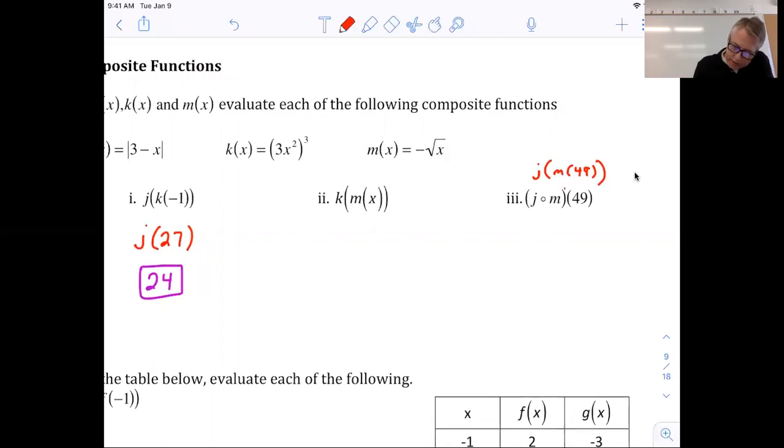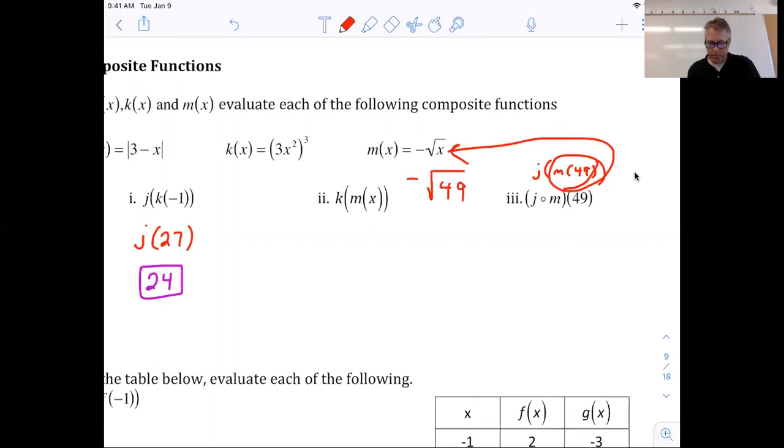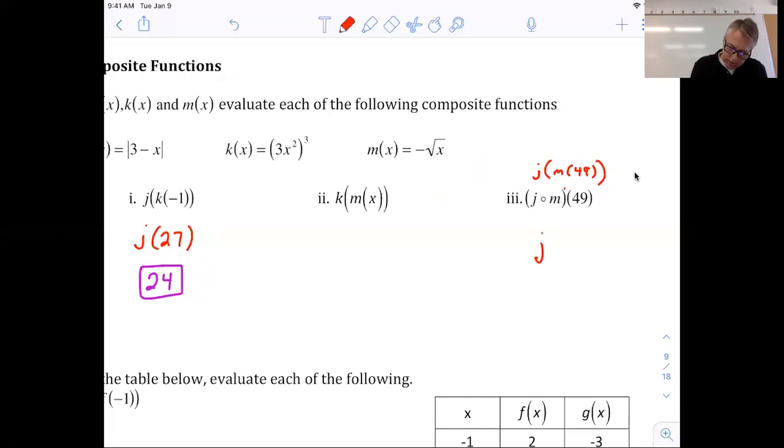So to find m of 49, I'm plugging 49 into m, so that's going to be negative square root of 49, which will be -7. So I did the inside part first and got -7, because m of 49 is -7.